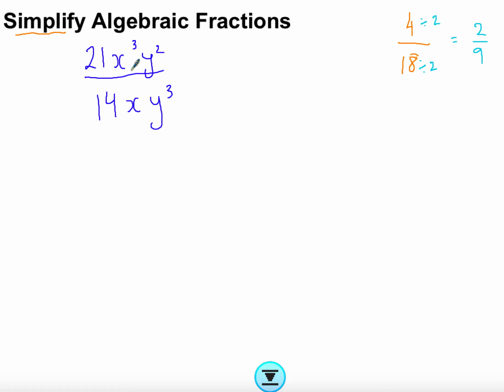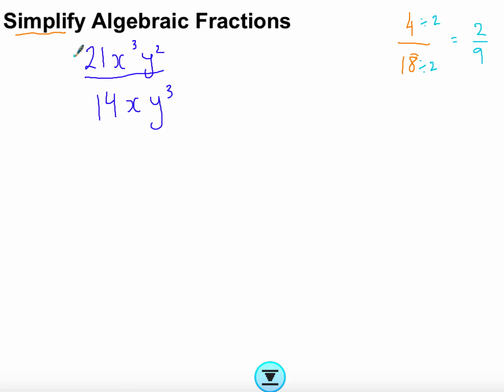So this is what we're going to do here, and the way to do it with these simple ones is by considering the numbers separately and the letters separately. And again, we can only do it because we are multiplying and we're simplifying top and bottom. So first I'm going to consider the numbers 21 and 14. Well, I know that I can divide both numbers by 7.